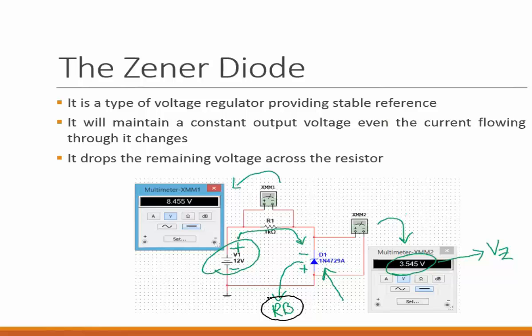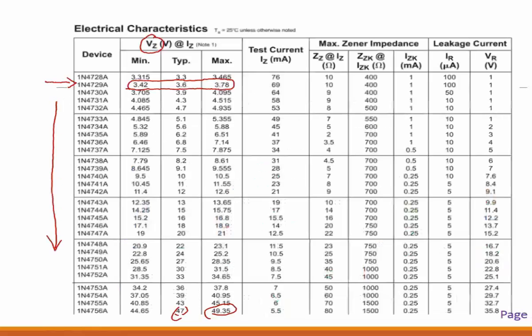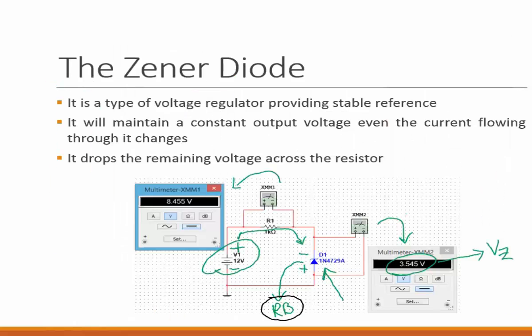So how much that regulated voltage is, according to this model, the regulated voltage is around those values. So yeah, typically 3.6. So when you look at this Multisim, you see this VZ is how much? It's within the given specifications because the input voltage is definitely higher than the VZ of that particular Zener diode.